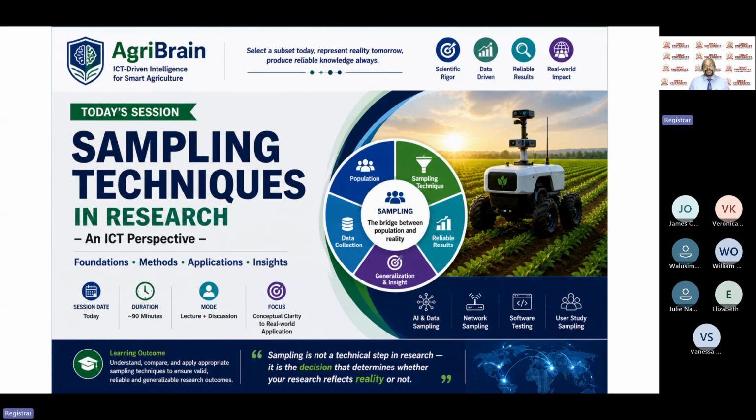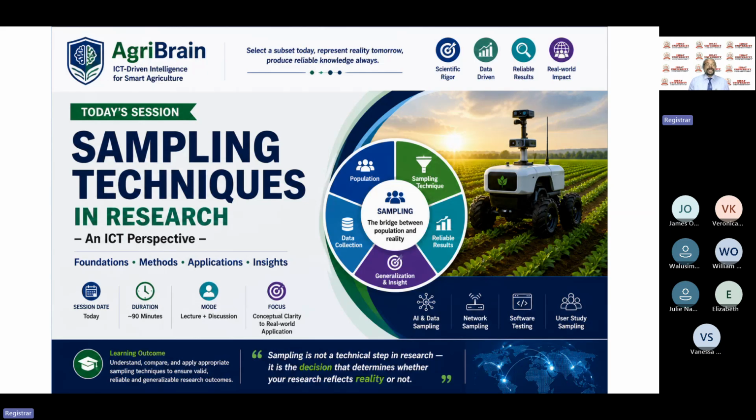So we are going to study sampling techniques that give us reliable results and how we can generalize the data and the insights we get from the sample to the entire population. Sampling technique is basically the core important part.